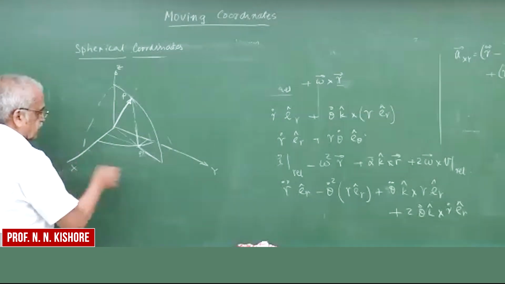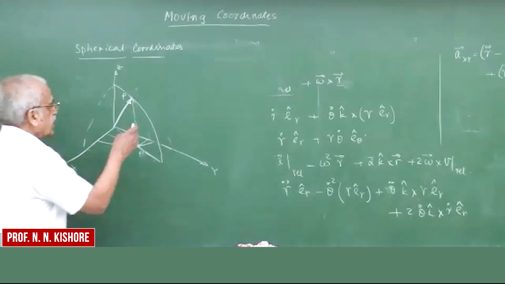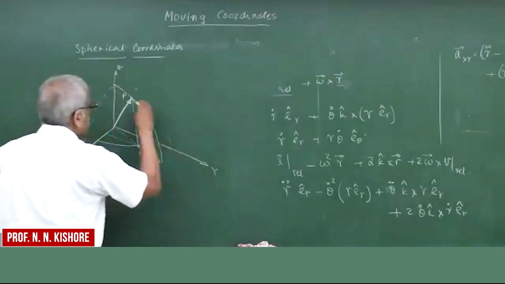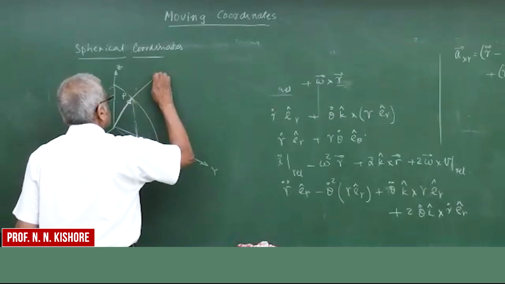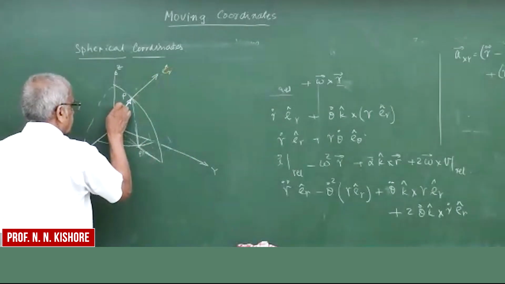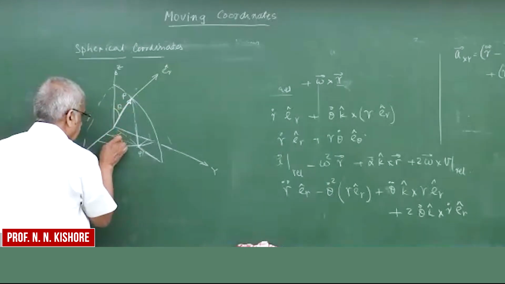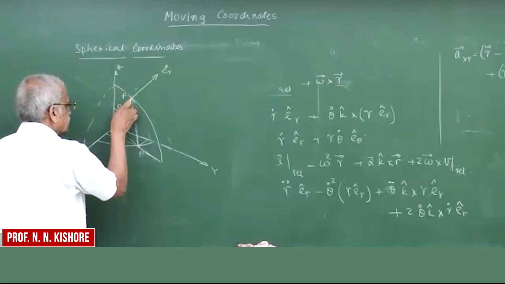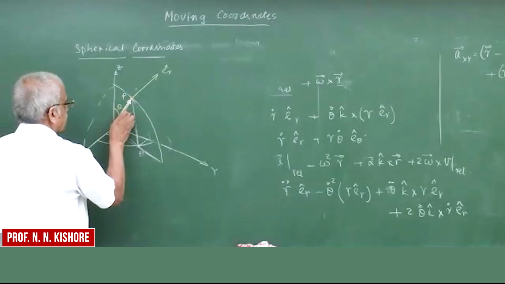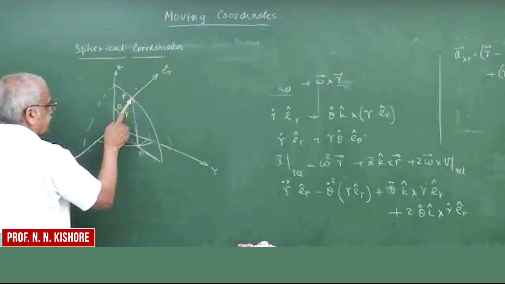So this is XYZ, and the coordinate system for spherical coordinates is ER, and this is theta. Okay, so this is R, and ER is in this direction.